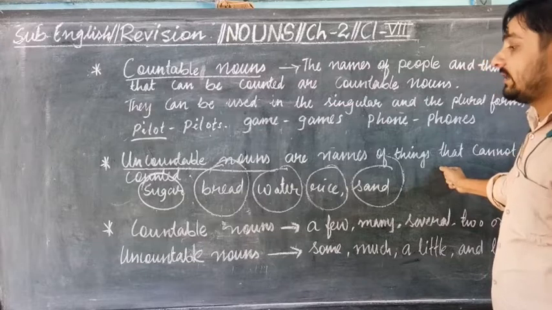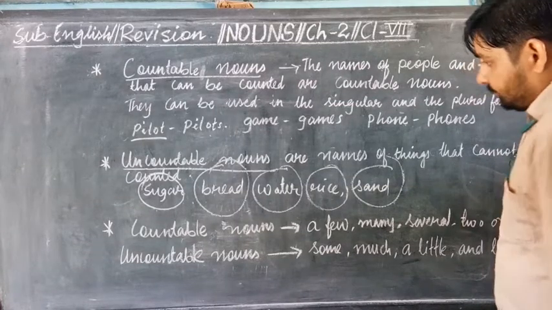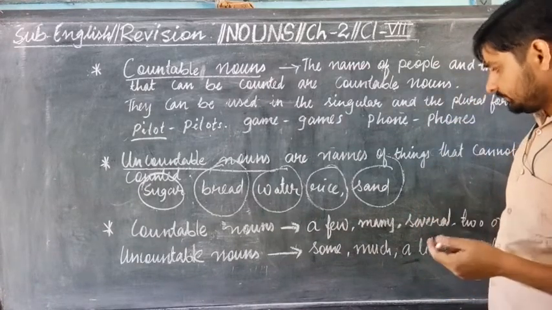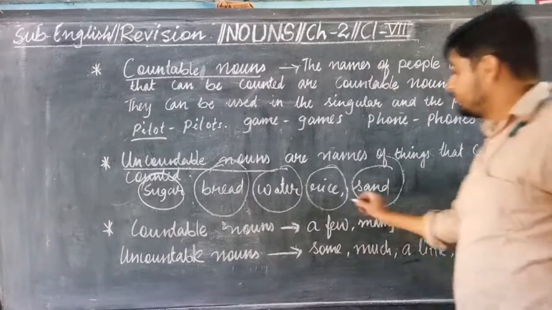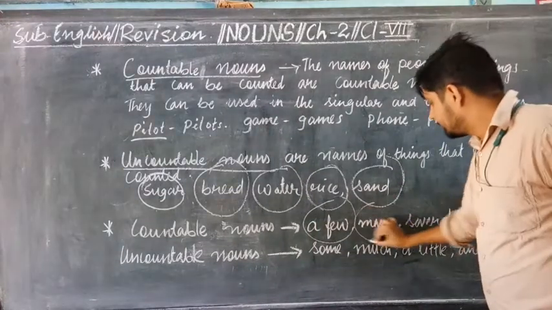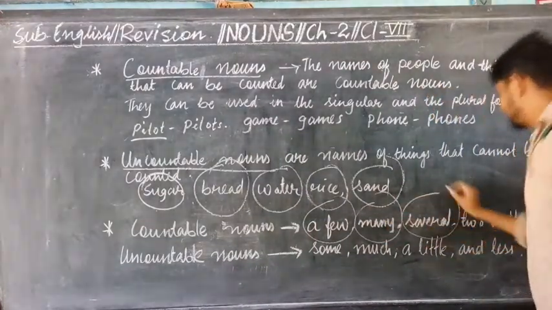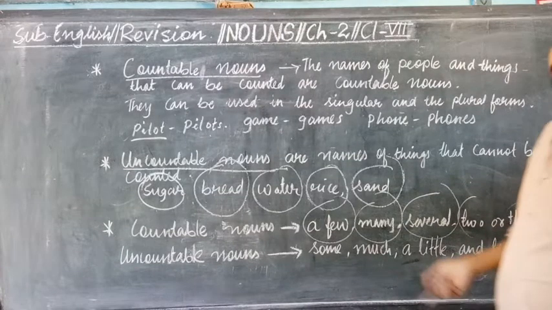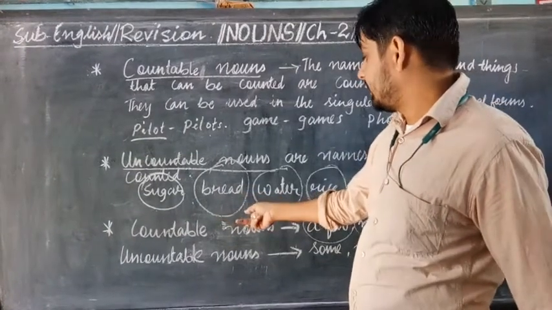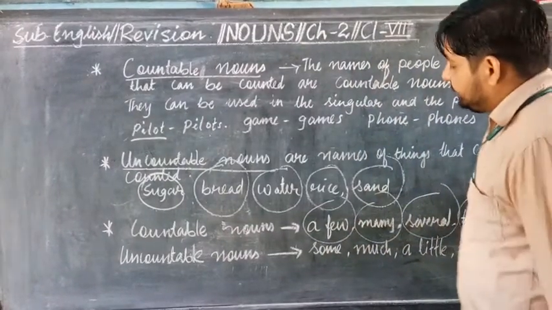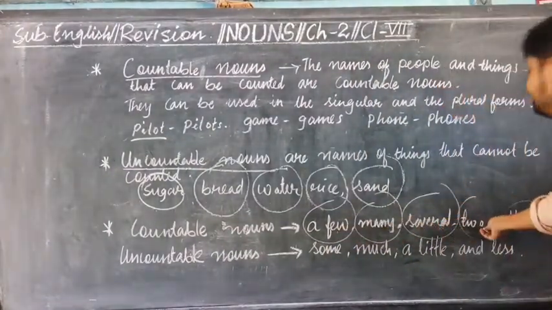In countable nouns, we can use a few, many, several, two, or three.